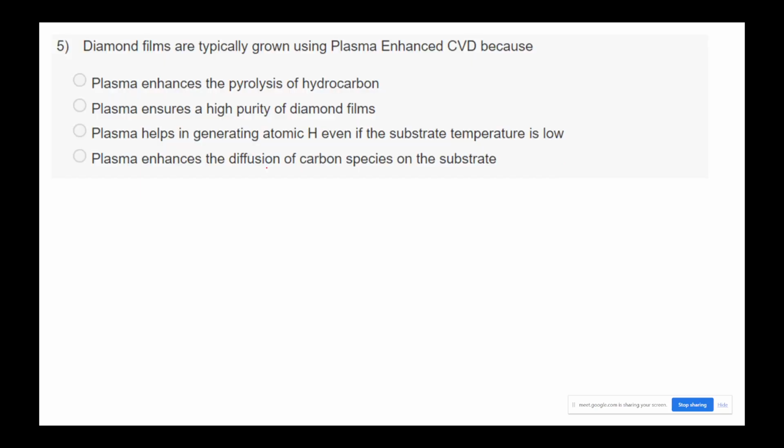So you need not go to a very high temperature in order to generate atomic hydrogen. Then you will be using a plasma enhanced CVD, which we have already seen when we were learning the CVD and the different types of CVD and how the deposition was taking place in different CVD.